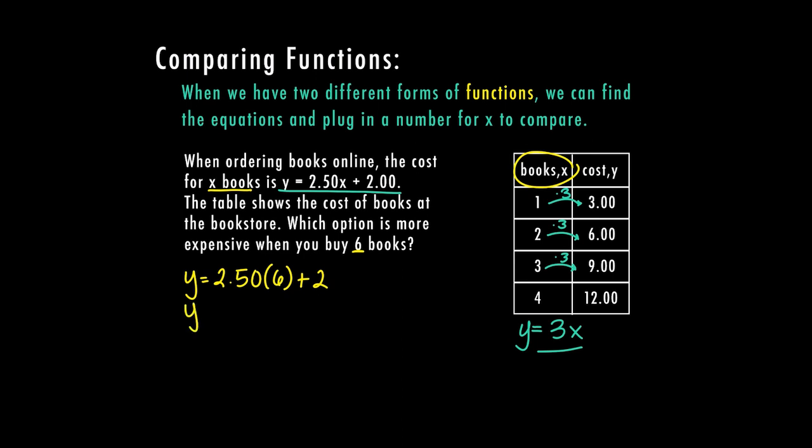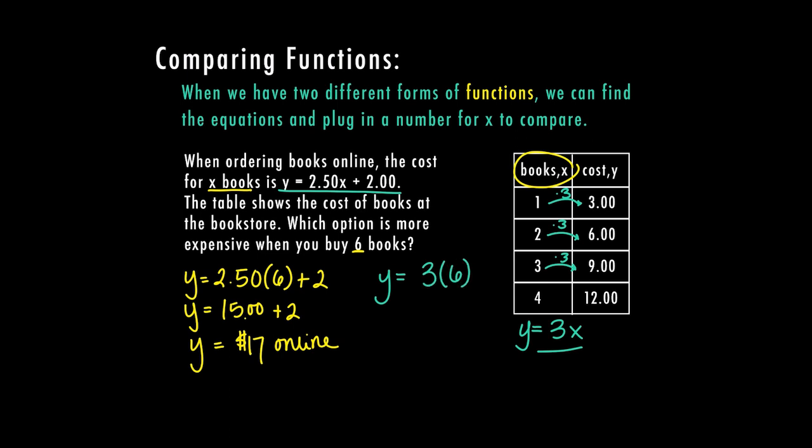So now I know that y equals 2.50 times 6, which equals $15. And then if I add $2 to that, that means that the cost of 6 books is going to be $17 when I am ordering online. Now let's plug in our 6 books with our other equation from the table.